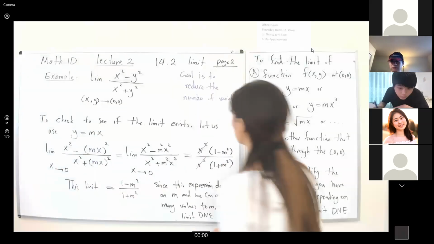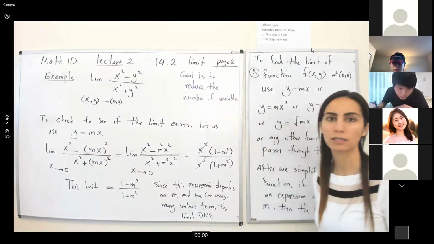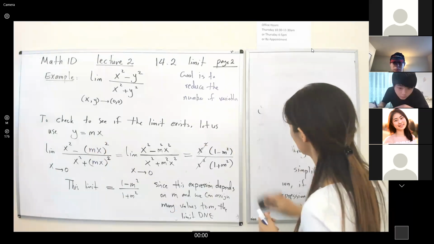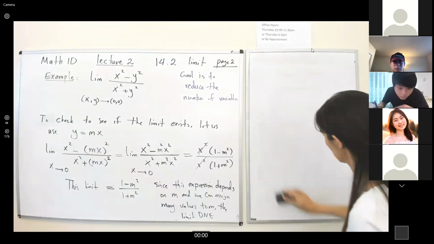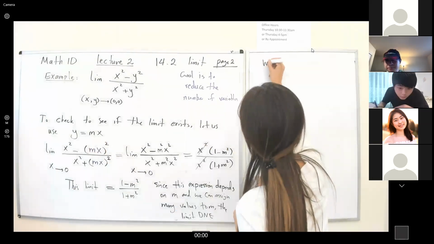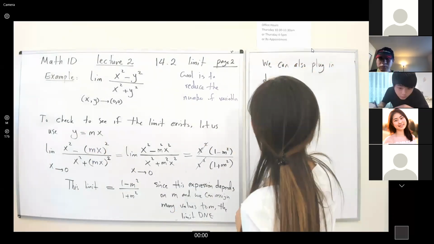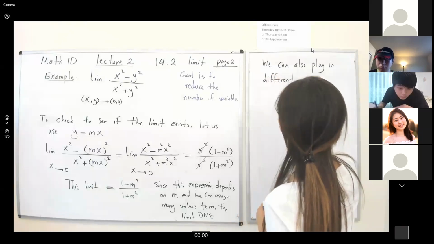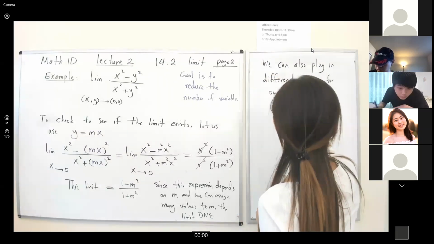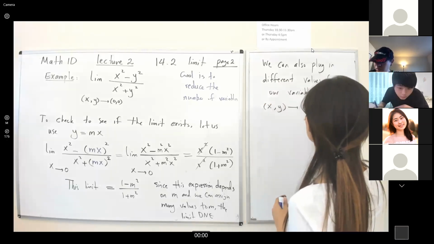Okay. So you might say that I don't want to use a general function like y equals mx. I want to plug in different values. Okay, let's see. We can also plug in different values for our variables when x and y approach 0.